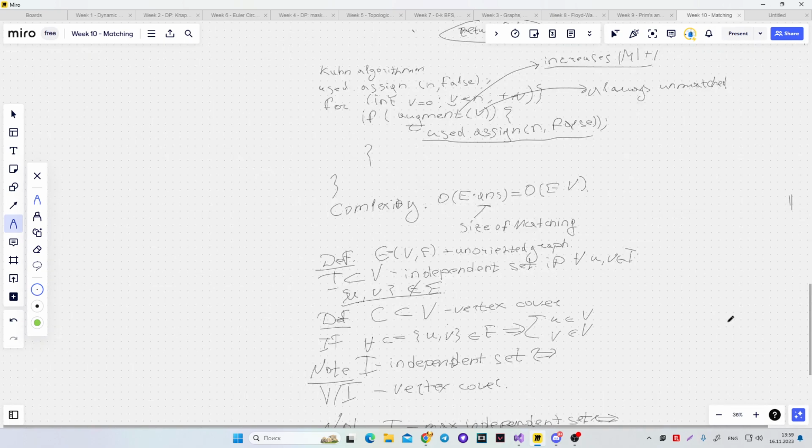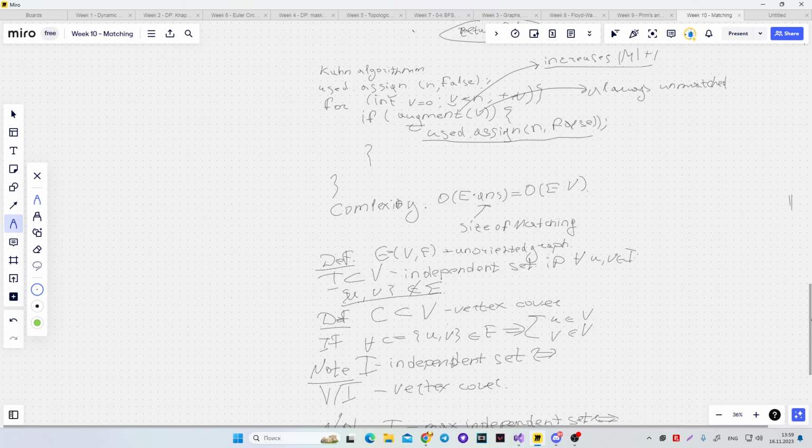Then we considered what an independent set is and what a vertex cover is. I told you that if we can find an independent set, we can find a clique.